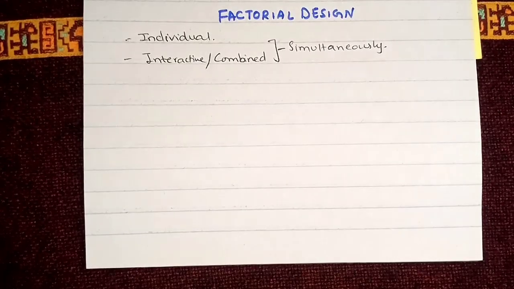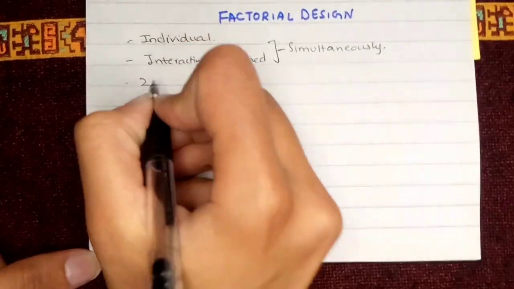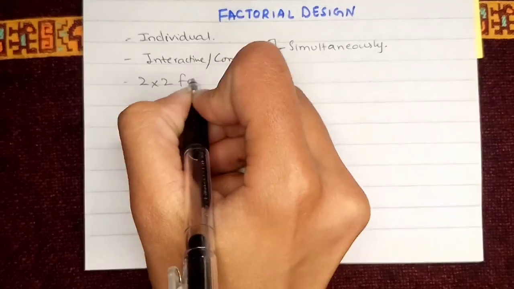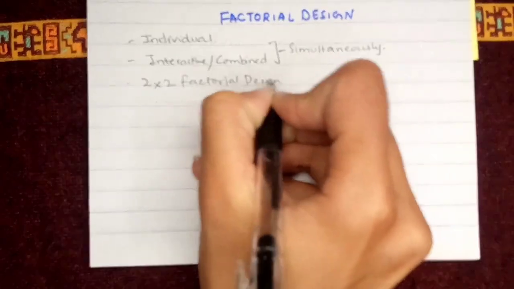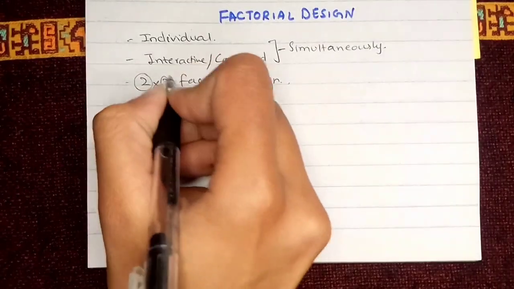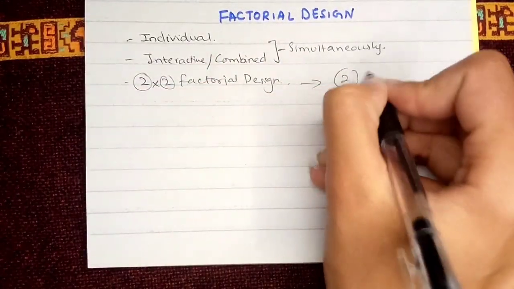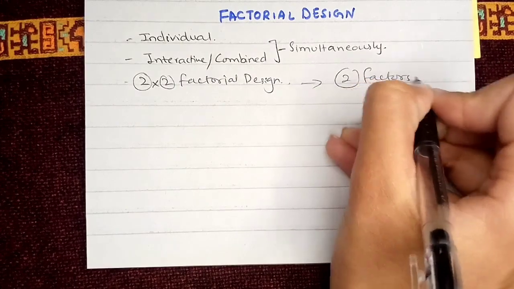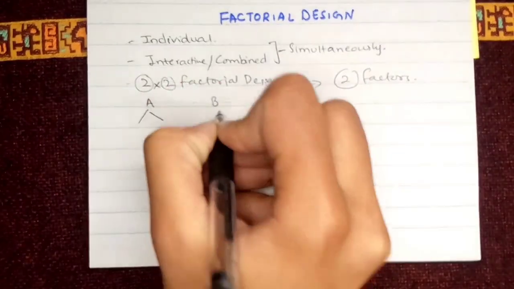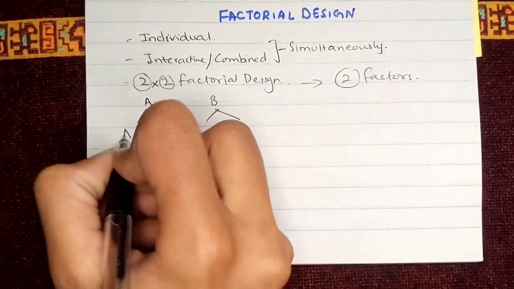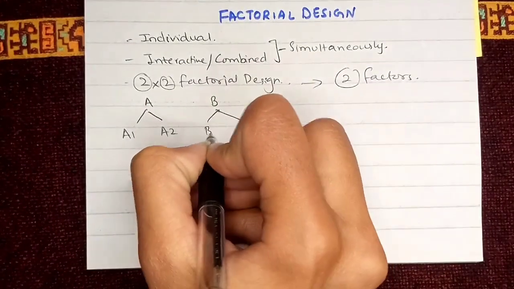Now, how can you do this? You have to follow a design known as the 2 into 2 factorial design. 2 into 2 means that you are going to take two factors. For example, if you have two factors in a study, say A and B, then you are going to make two subgroups inside each, that is A1 and A2, B1 and B2.